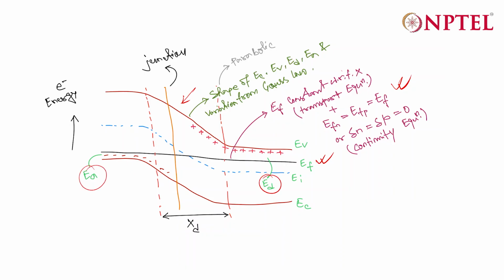All this information you will get from Gauss law. So these 5 basic equations give you all the information required for the band diagram. So it's not that two things are completely separate. They are actually related to each other. And XD is your depletion width.